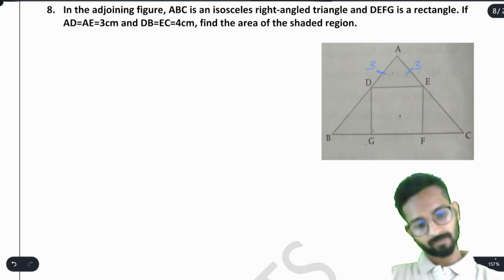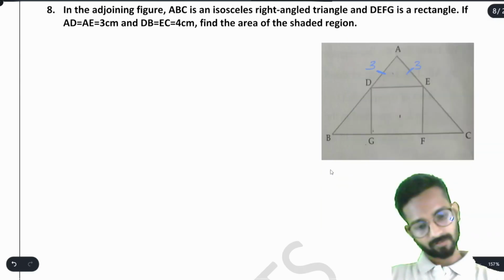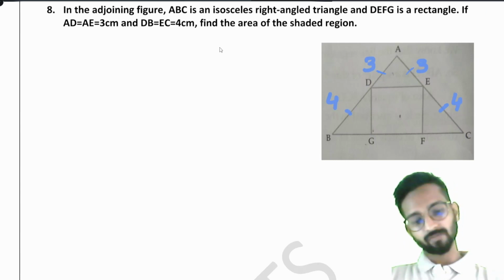Then DB and EC are equal, which is 4 and 4. Simple. After this, find the area of the shaded region.